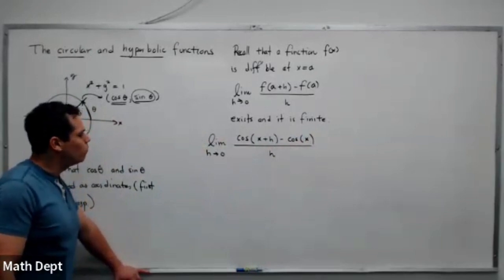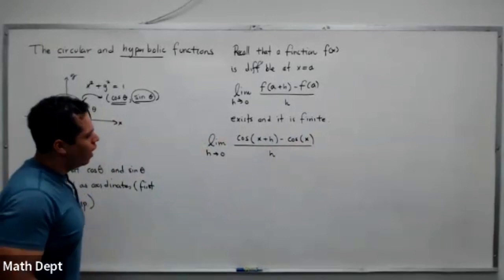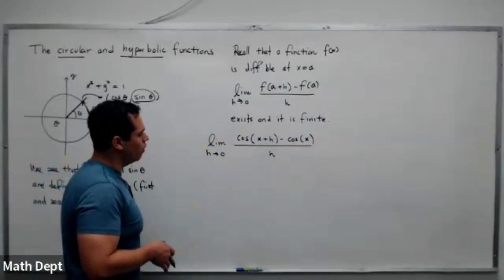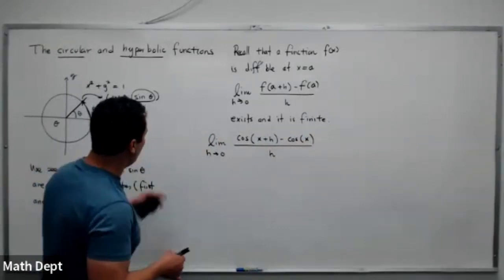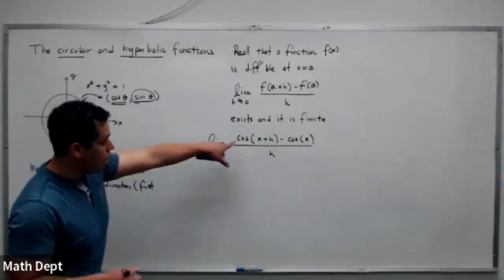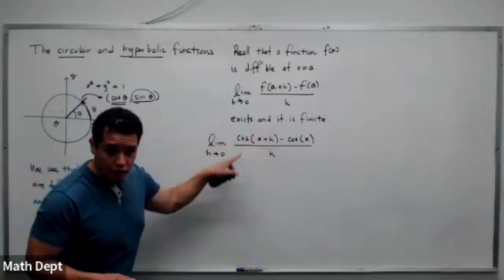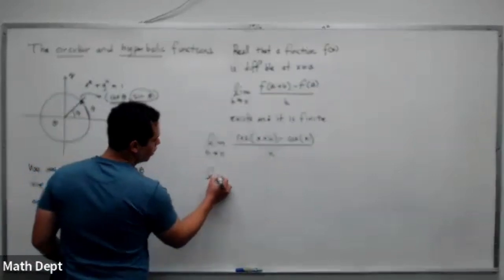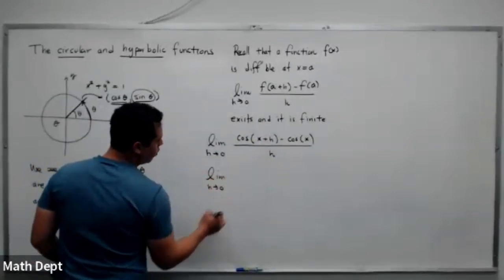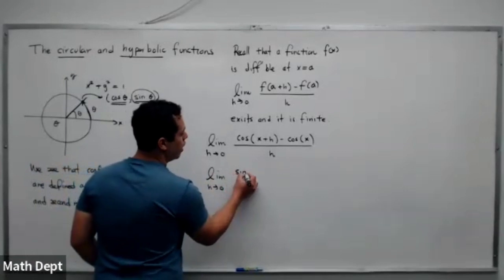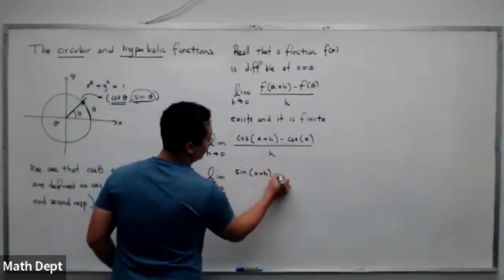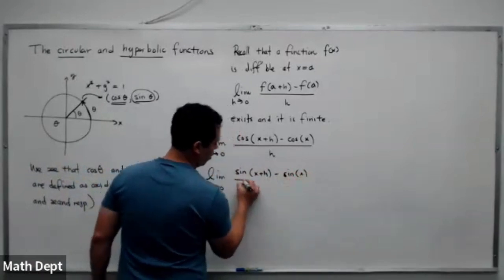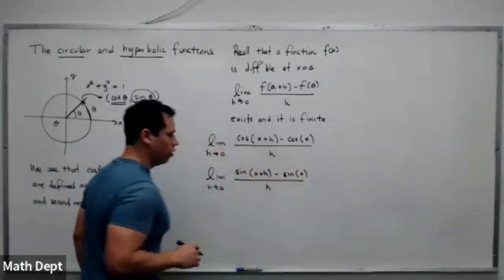But let's see. For this, I think that we need to recall a few things from the past, because now we are investigating two things: the limit as h tends to 0 of this expression, which is associated with the derivative, of course, and the one that is the limit as h tends to 0 of sine of x plus h minus sine of x over h.